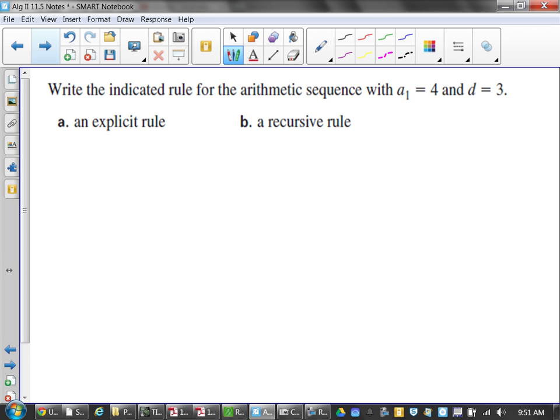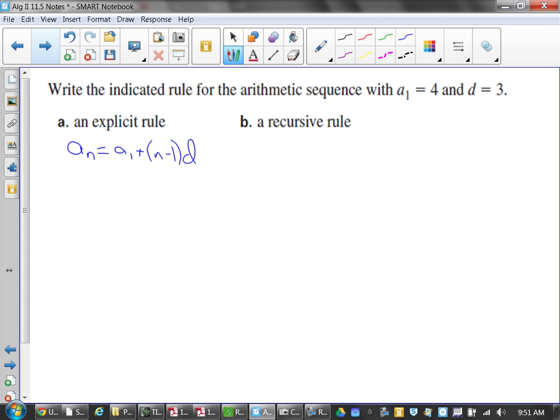So just like we've done before, this is kind of the reason why I was telling you guys to write your rules for the problems. You start to embed it in your brain of what each one of them looks like. So the explicit rule for an arithmetic sequence is your a sub n is your first term plus the n minus 1 times your difference. We did this in 11.2.